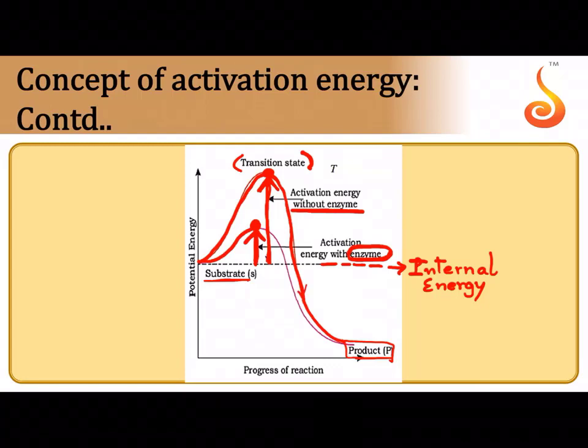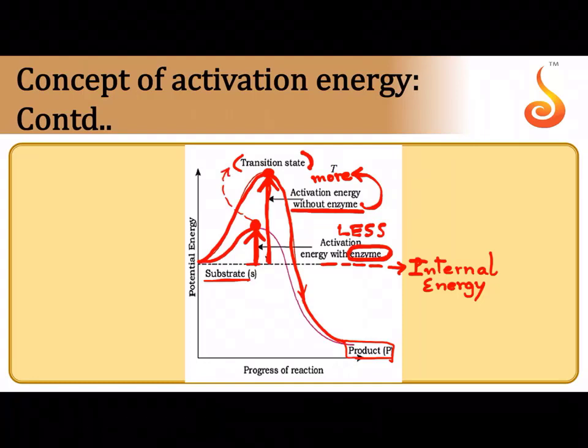So now tell me, what is the advantage of the enzyme? The enzyme will make sure that the substrate is demanding less activation energy, but if the enzyme is not there, then the activation energy demanded by the substrate will be more. What is activation energy? From the basal energy state to the higher energy state. What is this higher energy state called?